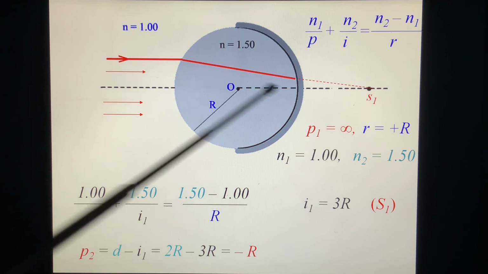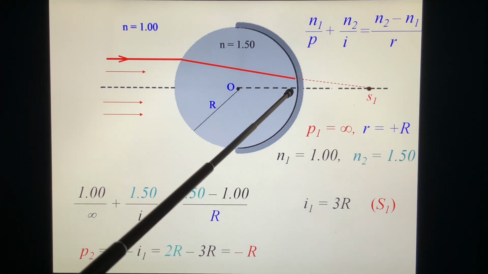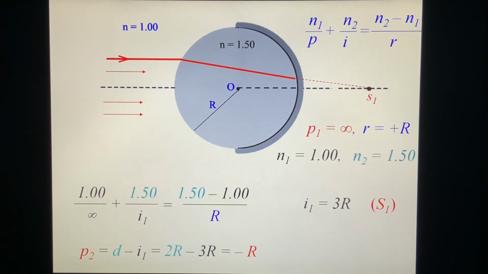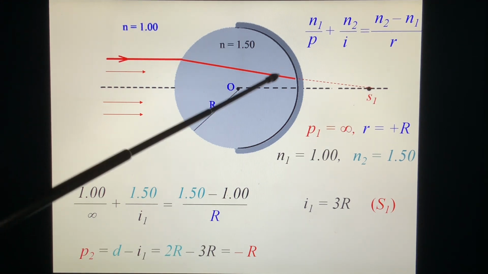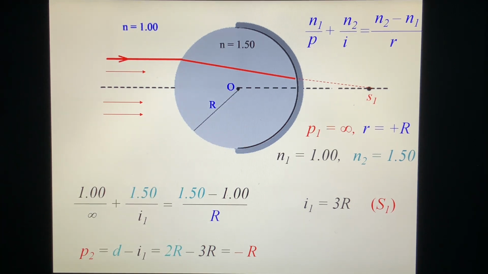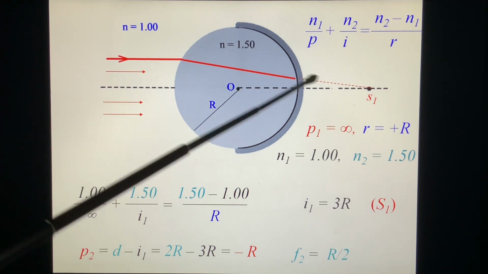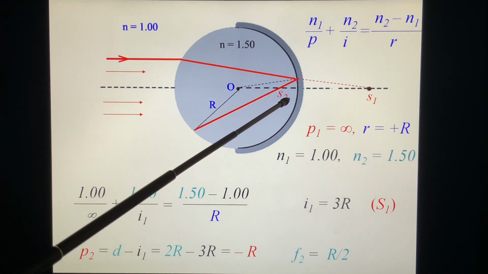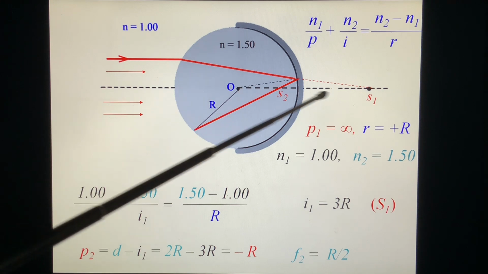What does this mean? This is the reference for the mirror: minus R here, this is the virtual side for the mirror, and this is the real side. And F2 is half R, as we know. Then we find S2. This is the central line, which never changes.